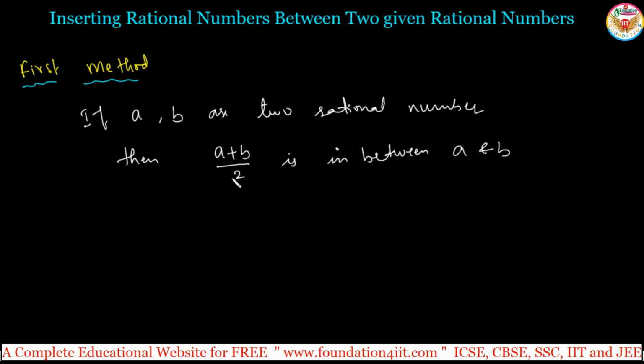So a plus b divided by 2, half of the sum, is in between a and b.